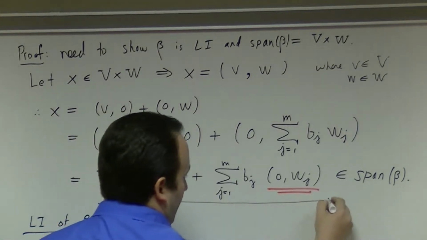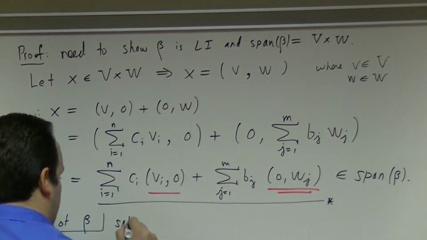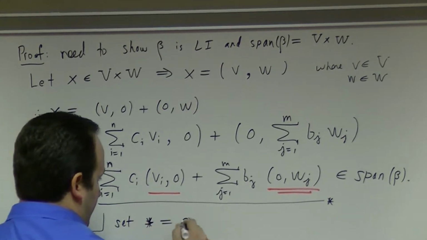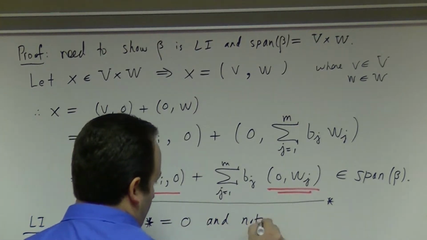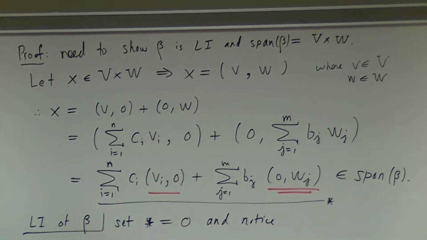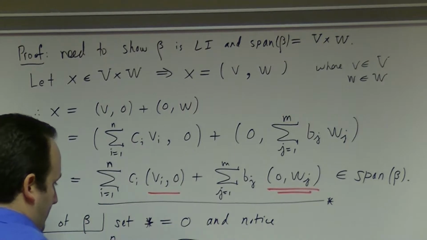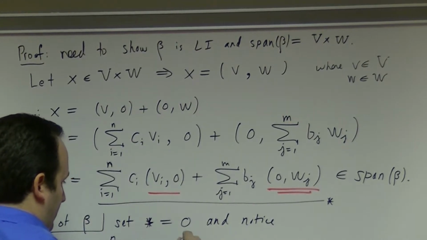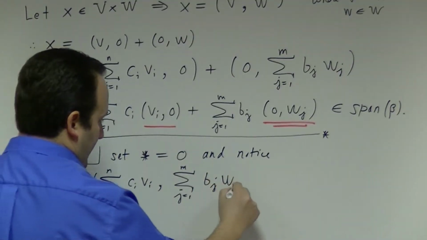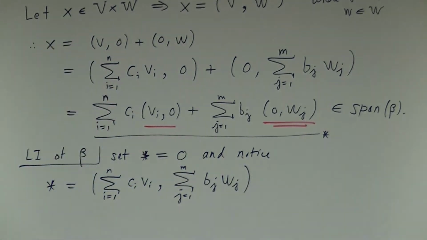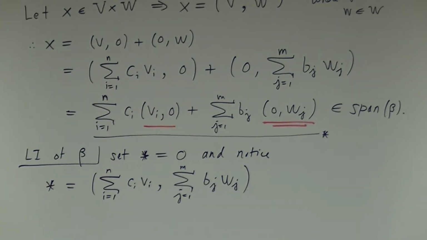So let me just call this thing star. So set star equals 0, and if you just manipulate back, I can put v back in its place, and I can put w back in its place, and then I have that is equal to 0, right?